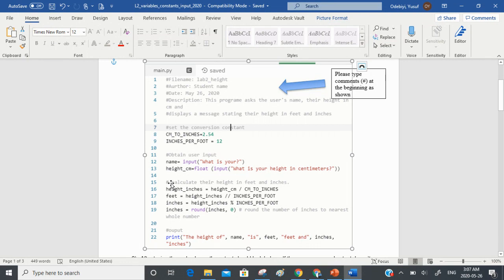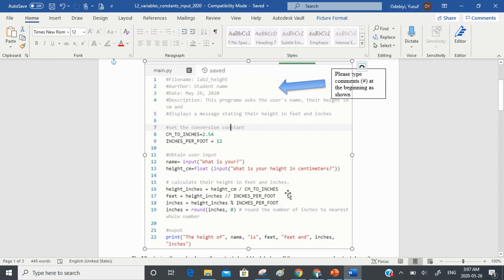Now, another comment, and basically you're going to type here height underscore inches equals height underscore centimeters divided by CM to inches. Then feet equals the variable right up at top, height underscore inches, divided by, we have the two divide signs.